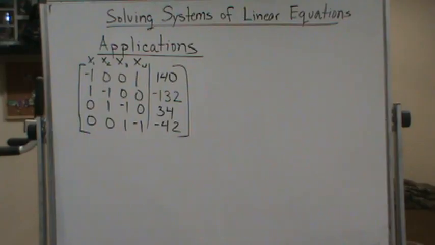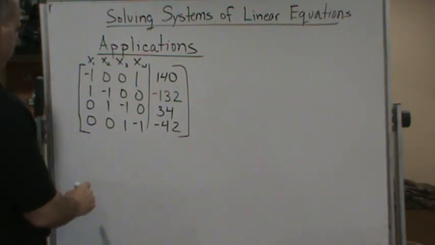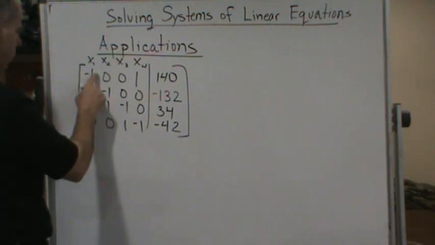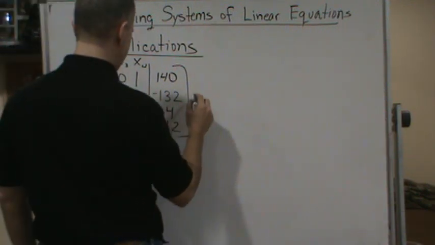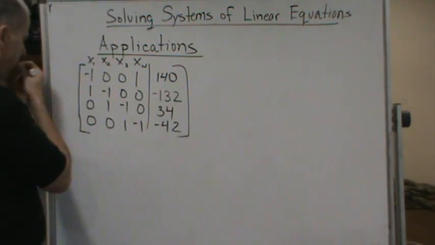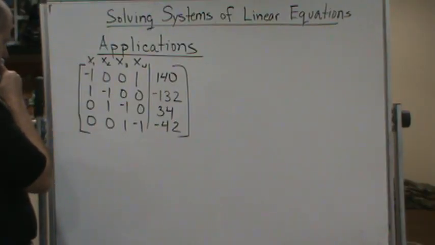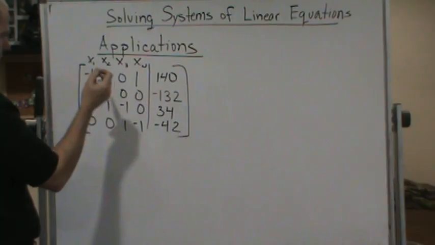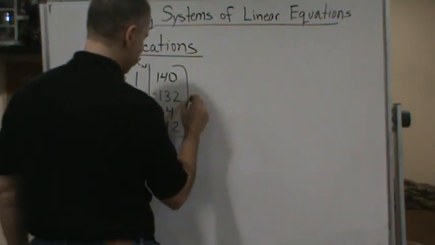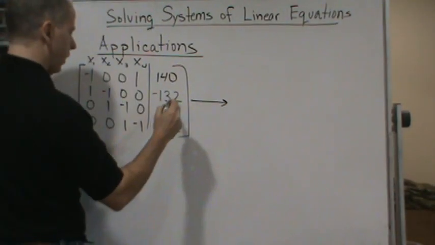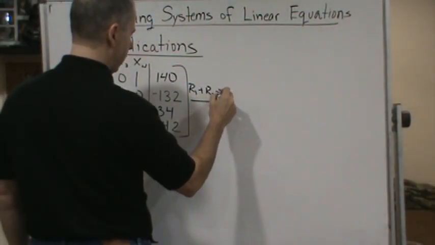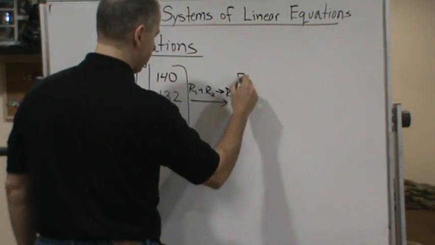So now, I'm going to swap these two, right? So I'm going to swap these two. And so, well, actually, you know what? Let's leave it alone. Let's just go ahead and eliminate this one and we're just going to add these two. That'd be easier. Okay, so let's do row 1 plus row 2 and replace row 2.